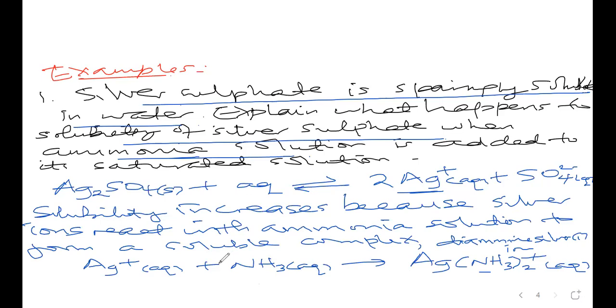We put a 2 here to balance the equation. After writing that equation, tell us what the formation of this complex leads to that makes the solubility increase. Because the silver ions coming from the solubility of the sparingly soluble salt are reacting with ammonia to form this complex, the concentration of silver ions decreases at equilibrium.